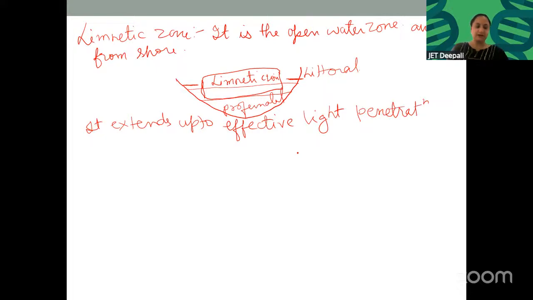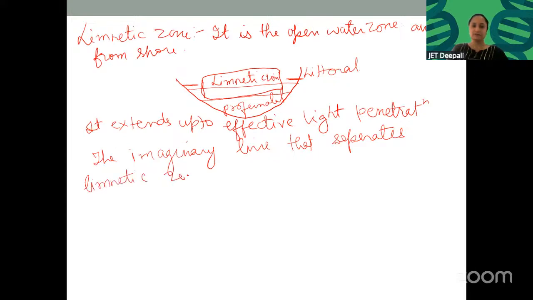Okay, one thing. Now, the second thing: the imaginary line that separates the limnetic zone from the profundal zone is called the compensation point.